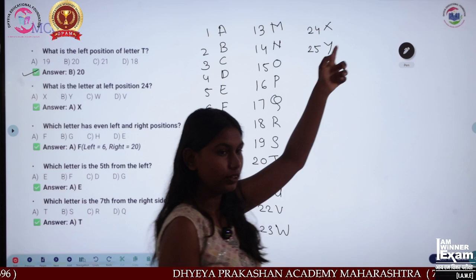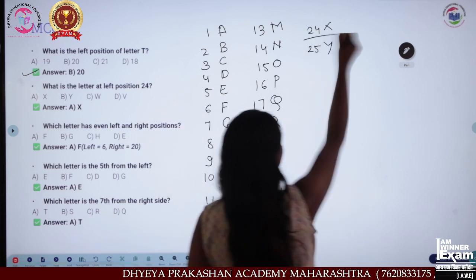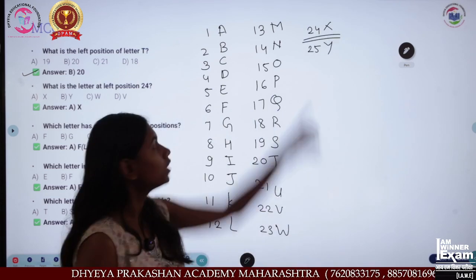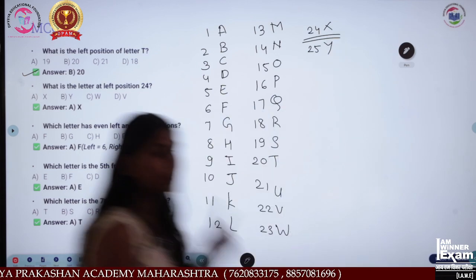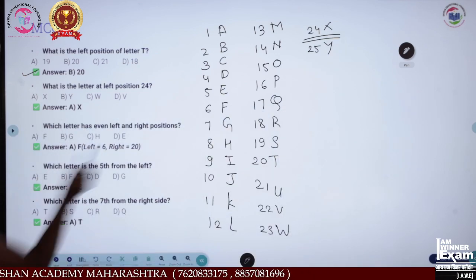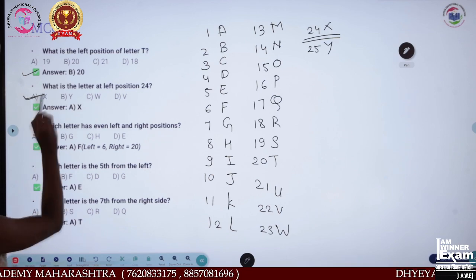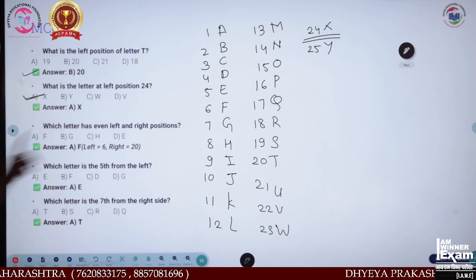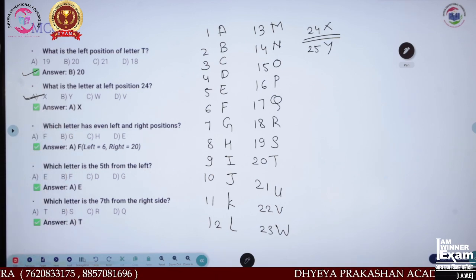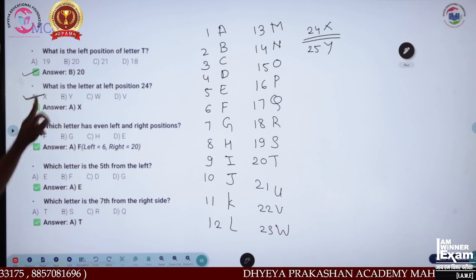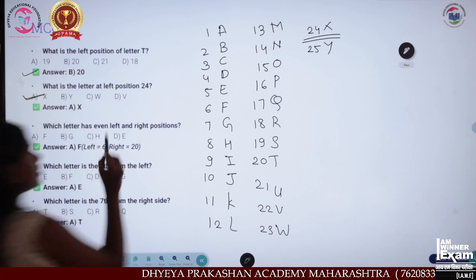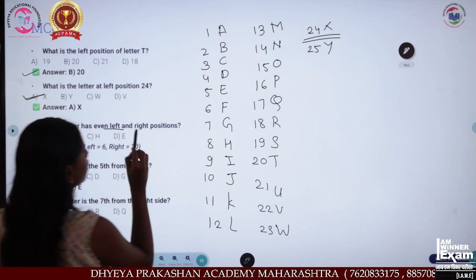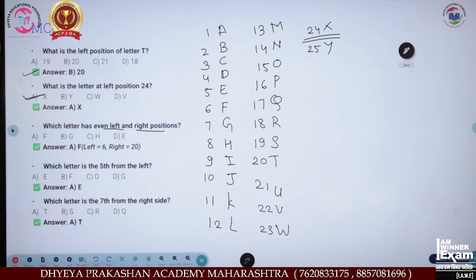Here, we got it, right? This is the 24. Now, what is the letter over here? That is X. So here, option A is X. So the correct option will be A, X.